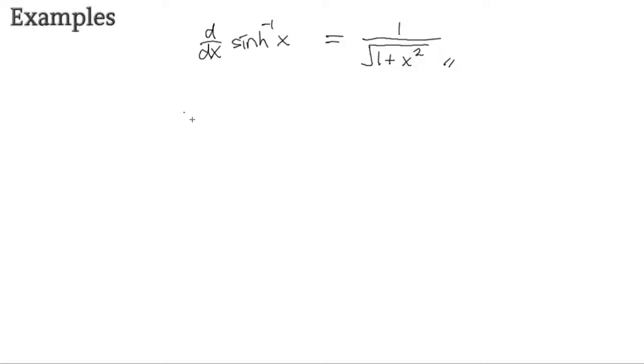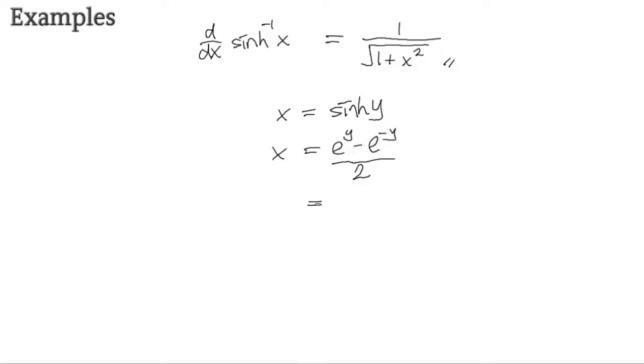So let's try that. First of all, turn sinh into exponential form. So x is equal to sinh y, and we know the expression for sinh y is e to the y take e to the minus y all over 2, that would be x.